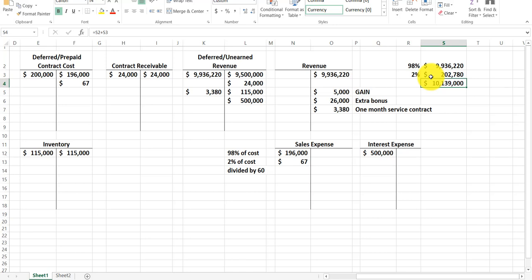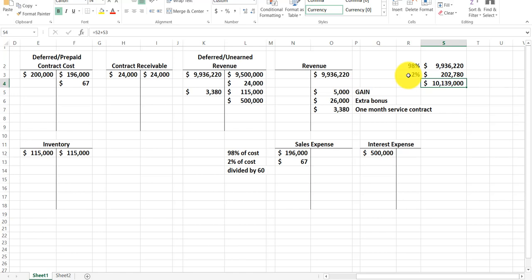Now there's probably enough information to do it a couple of different ways. There seemed to be the most complete information for the cost method, and so we used the cost method, and we allocated 98% of the revenue to the installation and 2% for the ongoing maintenance, because as we looked at the cost, it was 98% of the cost and 2% of the cost in terms of those two performance obligations.